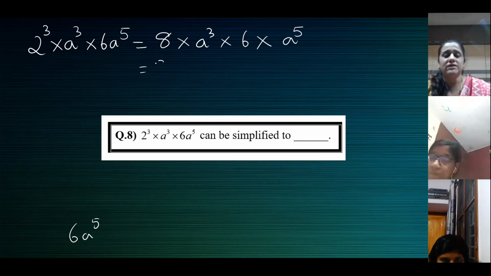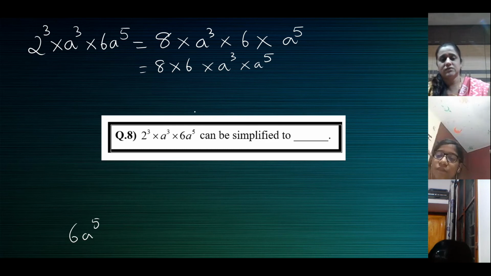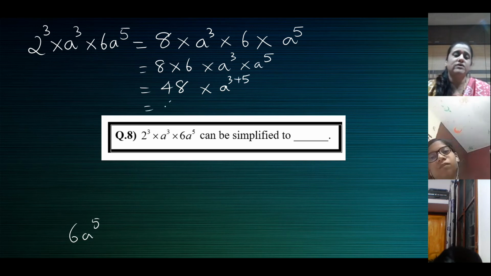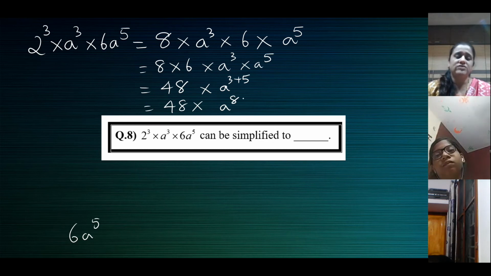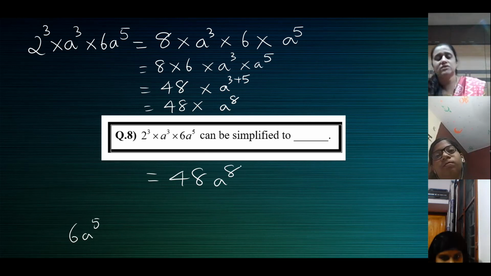Now this is nothing but 8 into 6 into a cubed into a to the power 5. So 6 8s are 48 into, bases are same, it's multiplication, so we need to add the powers 3 plus 5. So it is 48 into a to the power 8. Or you can just take away that multiplication sign and write it as 48a to the power 8. This is the answer.